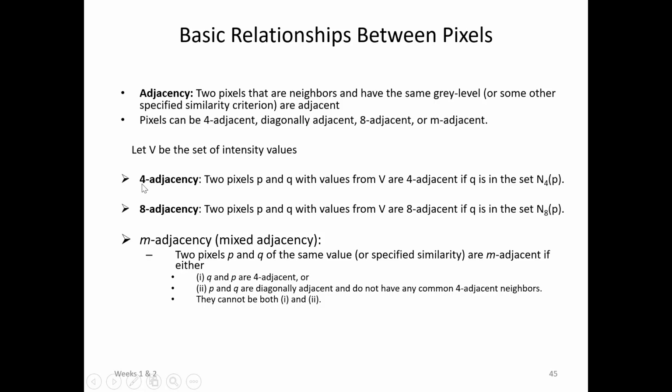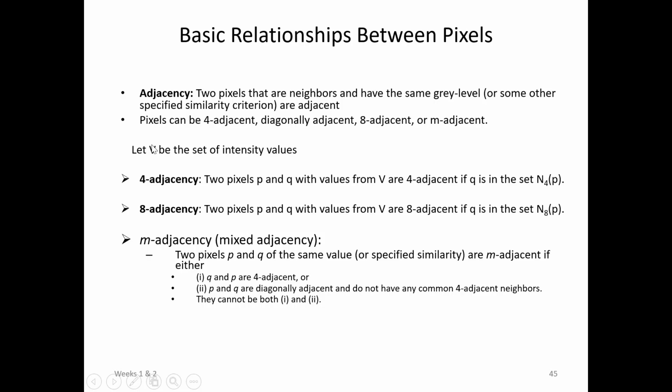So what are these? Four adjacency: two pixels P and Q with values from V are four adjacent if Q is in the set N4(P). First of all, when are two pixels called four adjacent? The first condition is that those two pixels should lie in the V set.